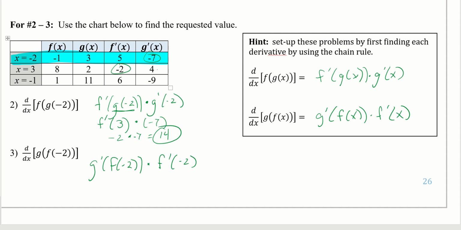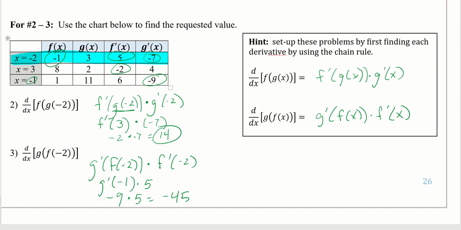Okay, so f of negative 2 would be what, negative 1? So negative 1. And then f prime of negative 2 would be 5. And so now we've got to go back and evaluate g prime of negative 1. So here's negative 1, so g prime would be negative 9. So negative 9 times 5, so negative 45.